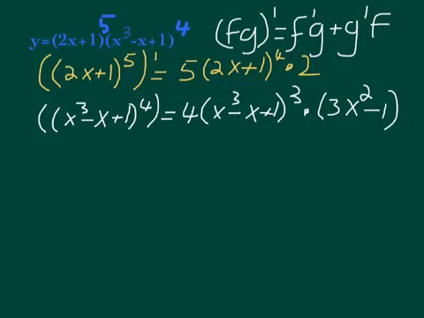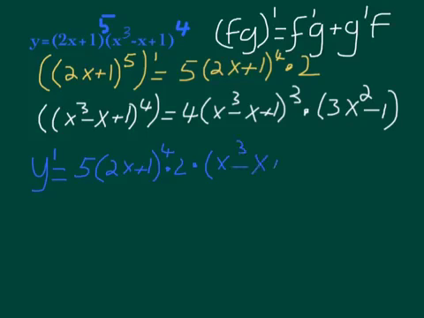Okay, now let's add them all together. So, back to the main question, it's this one times this one, multiplied by our g, plus the derivative of the second one multiplied by the first one.